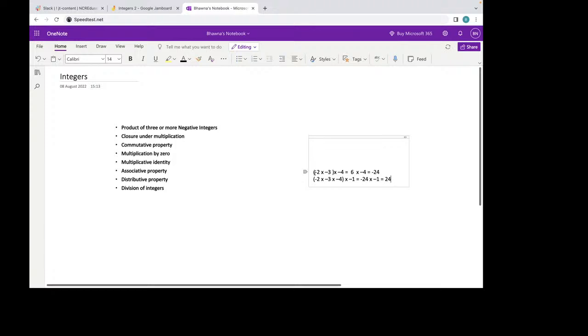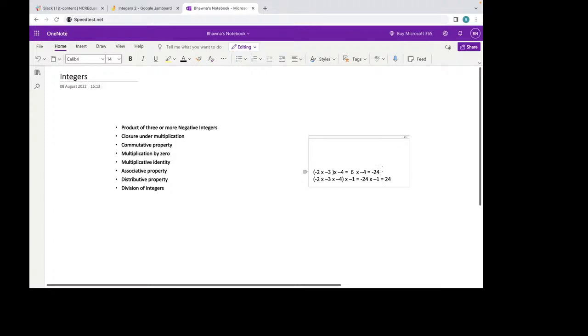So now I have figured out that when I multiplied 3 negative integers I got a negative integer as a product, and when I multiplied 4 negative integers I got a positive integer as a product. So what does that mean?